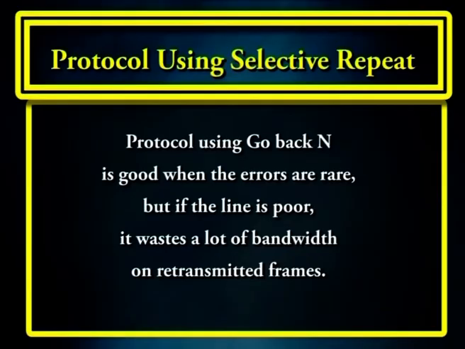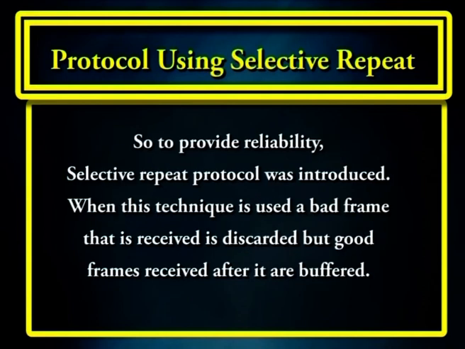Next we take up the selective repeat protocol. Using go back N is good when the errors are rare, but if the line is poor, it wastes a lot of bandwidth on retransmitted frames. So to provide reliability, the selective repeat protocol was introduced.